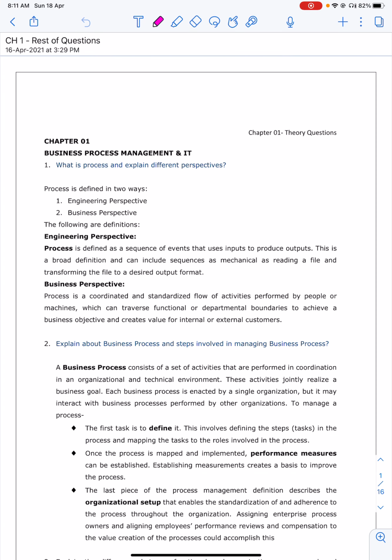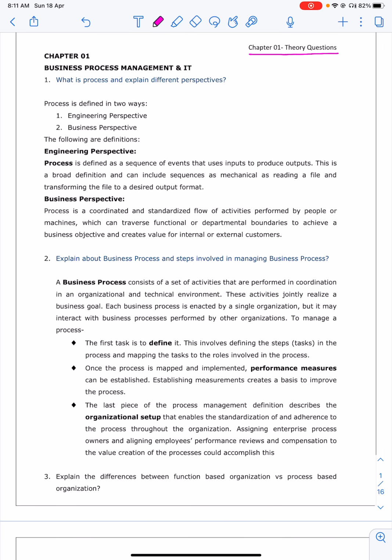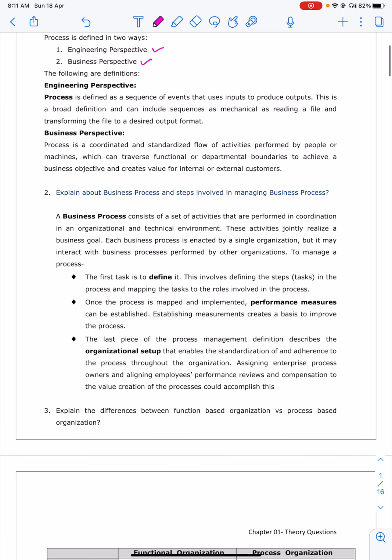We are studying certain theory questions in chapter 1. The first question is, what is a process, and explain different perspectives. Process is defined in two ways. First from engineering perspective, second from business perspective. What do you mean by engineering perspective? Process is defined as a sequence of events that uses inputs to produce output. It's a broad definition. You can take it from the perspective of raw materials, data, or a file.